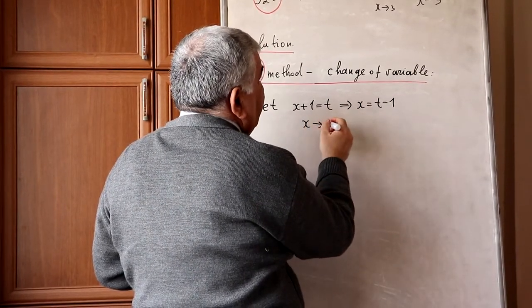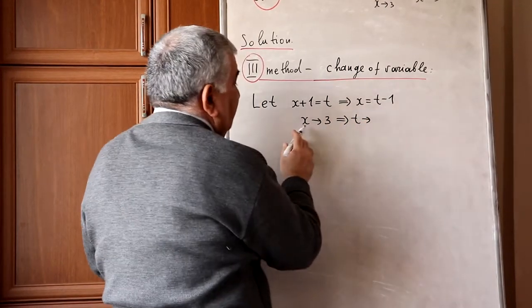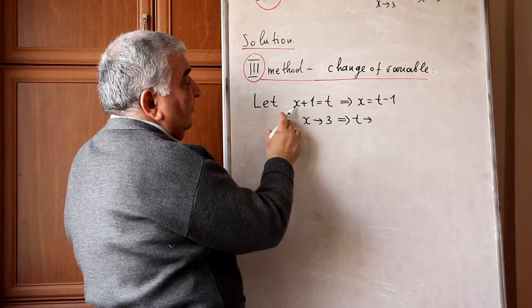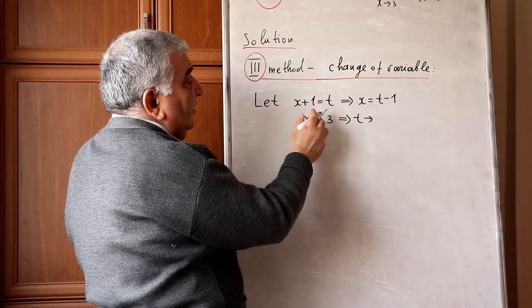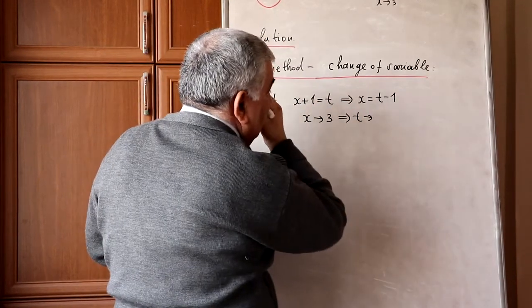If x tends to 3, we must substitute 3 instead of x. 3 plus 1 is 4, and it means that t tends to 4.